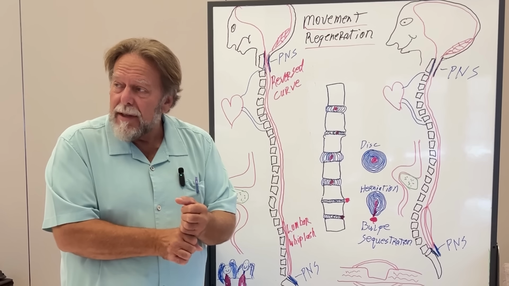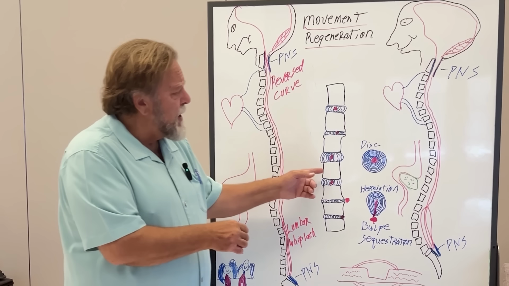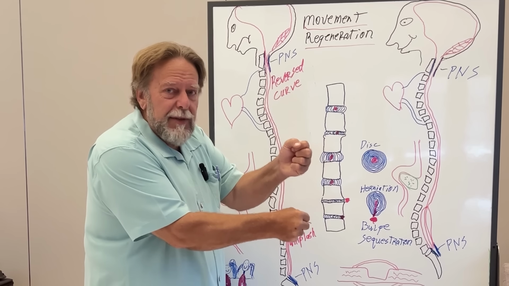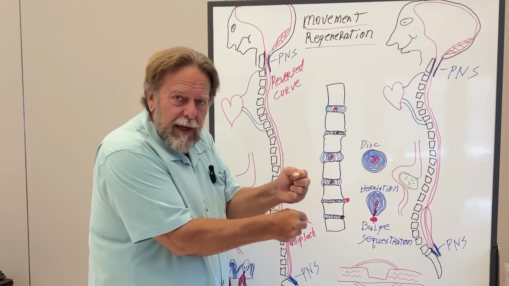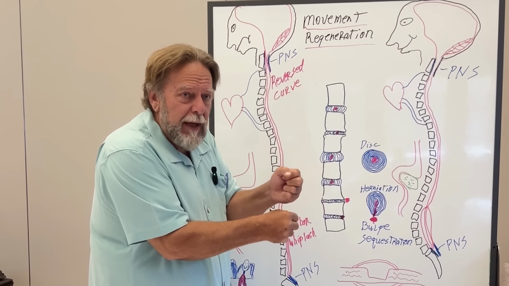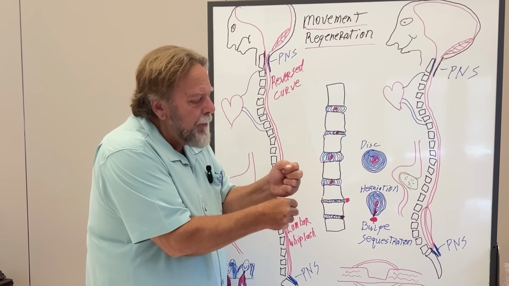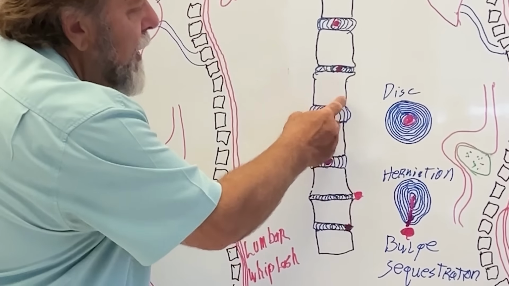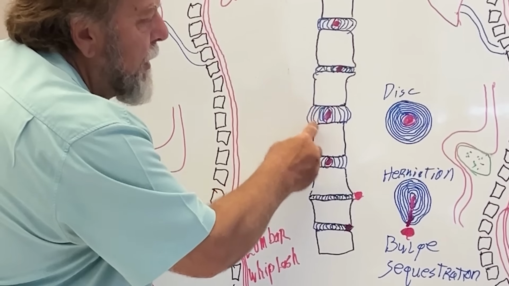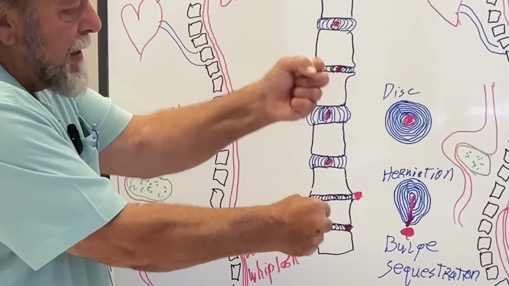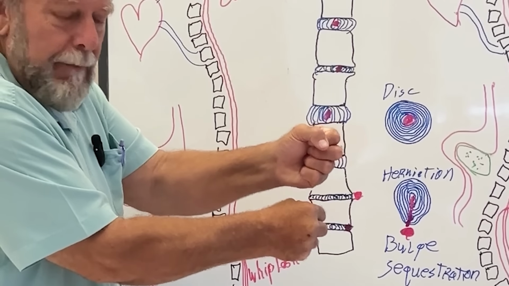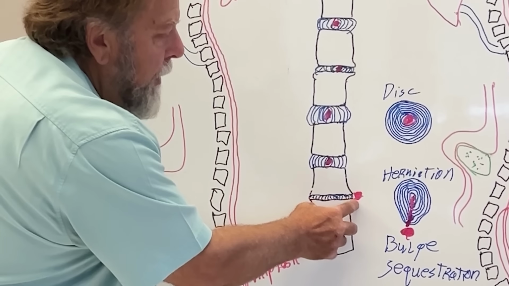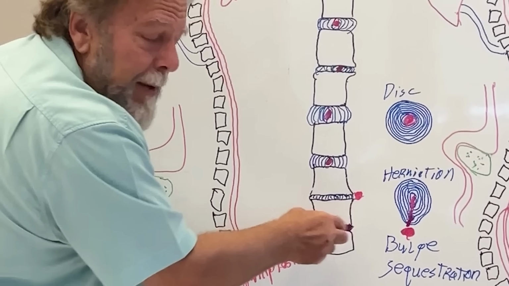Does that make sense? If that disc can't get its nutrients, the disc becomes thinner and thinner, and we see this on x-ray. The body is going to increase the surface area. We have a normal surface area, normal disc. When the disc gets compressed, it becomes unstable, and the body increases that surface area to stabilize the disc.